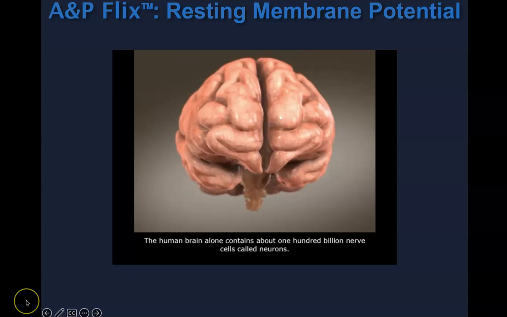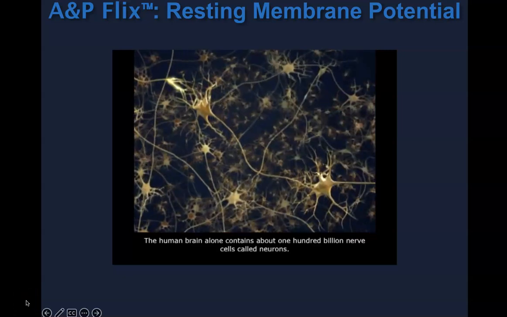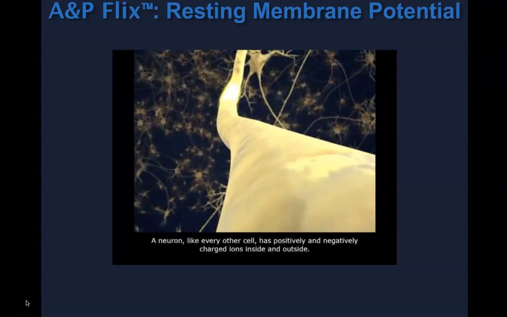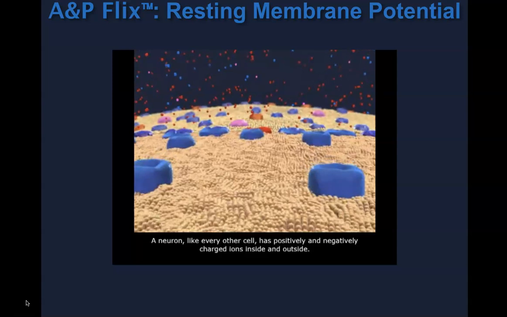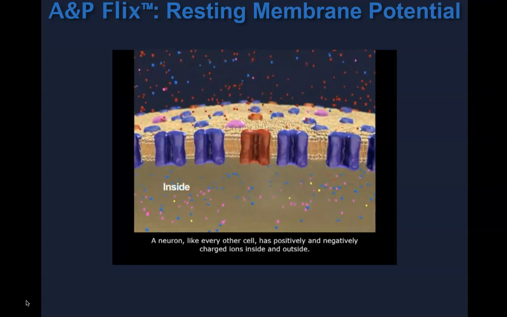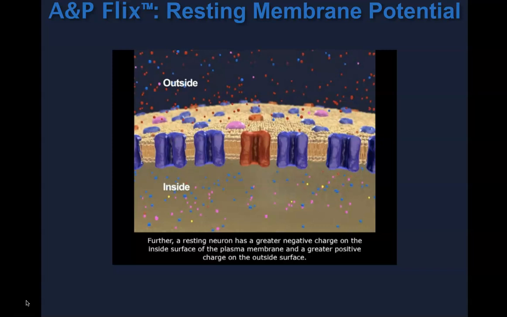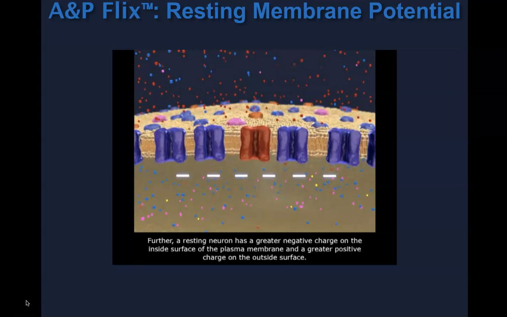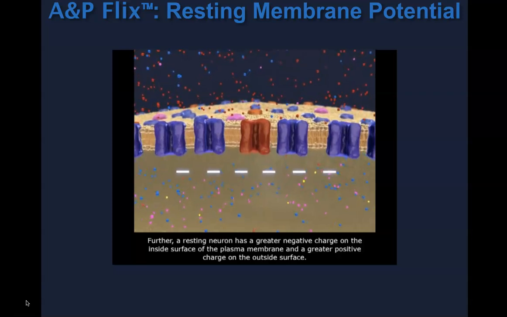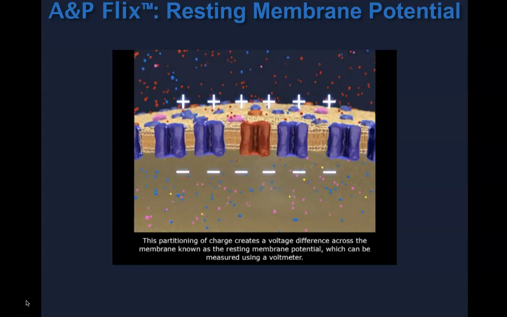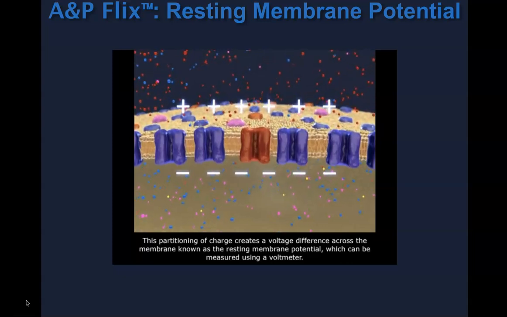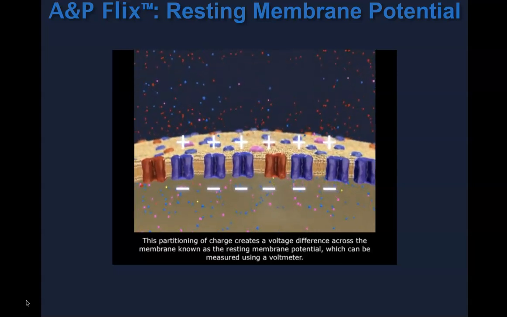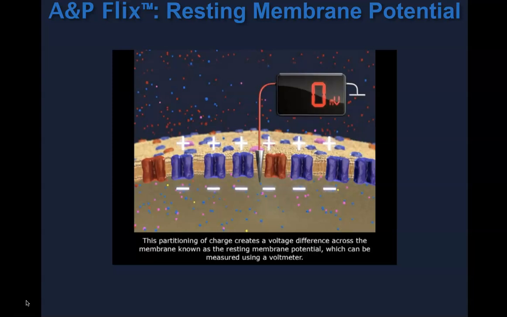The human brain alone contains about 100 billion nerve cells, called neurons. A neuron, like every other cell, has positively and negatively charged ions, inside and outside. Further, a resting neuron has a greater negative charge on the inside surface of the plasma membrane and a greater positive charge on the outside surface. This partitioning of charge creates a voltage difference across the membrane known as the resting membrane potential, which can be measured using a voltmeter.